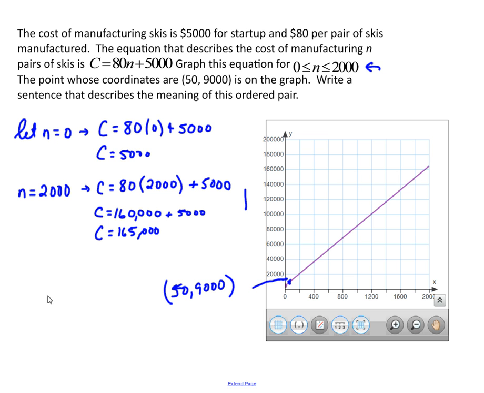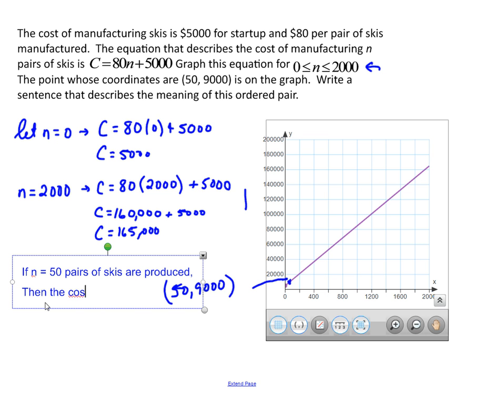Well, what is that meaning? What is the meaning of this ordered pair? Because that will be helpful for us to know. Well, let's write it out. What do we mean? Well, we could state the following. If n equals 50 pairs of skis are produced, what do we know?